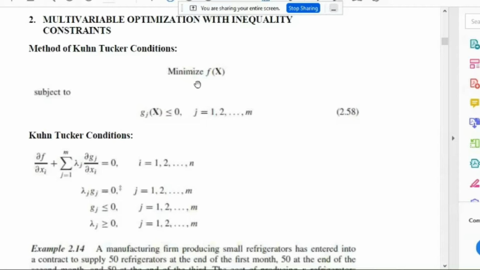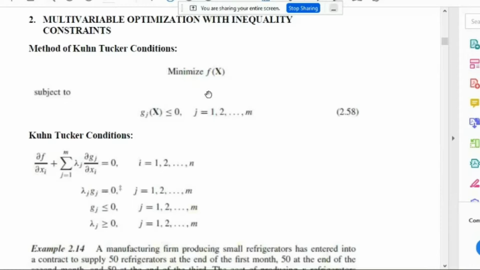Once the problem is given, here also we need to convert the constrained optimization problem into an unconstrained optimization problem, using Lagrange multipliers in the form of a Lagrangian function. We need to formulate the problem.